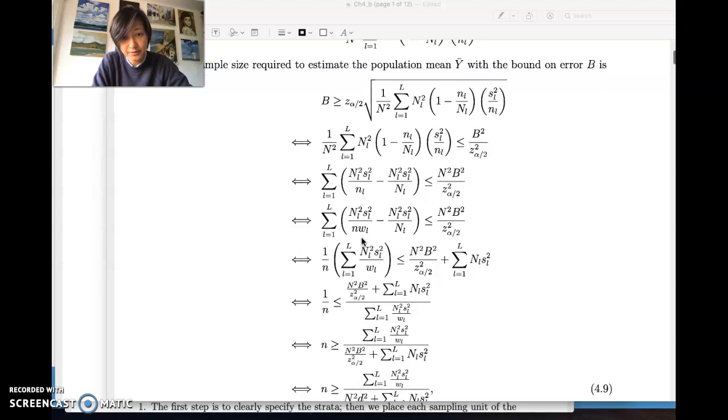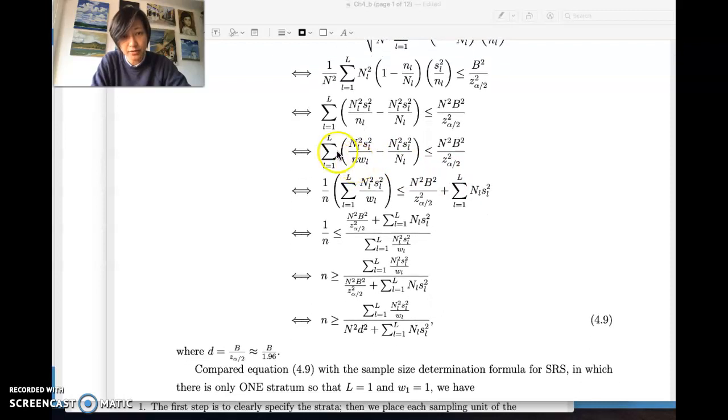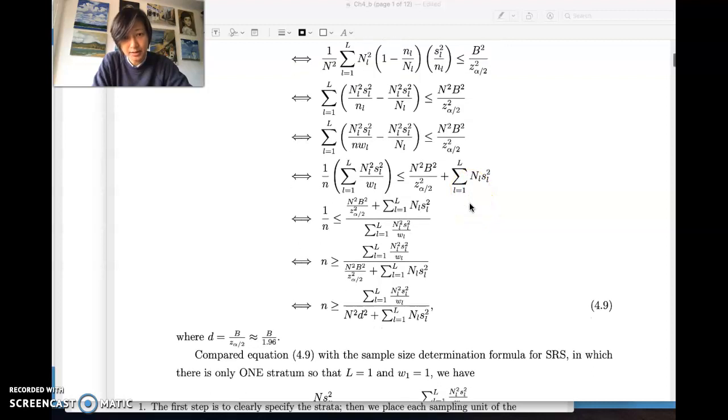Now we have n on the bottom, and we want the rest of it to go to the right-hand side. We take out n, because it does not rely on the summation, so we take out 1 over n, and we still have a bracket with the summation of N_L squared sigma_L squared divided by w_L, which is within the summation. Putting it on the right-hand side, a minus becomes a plus.